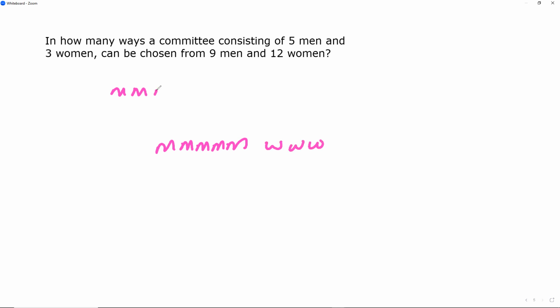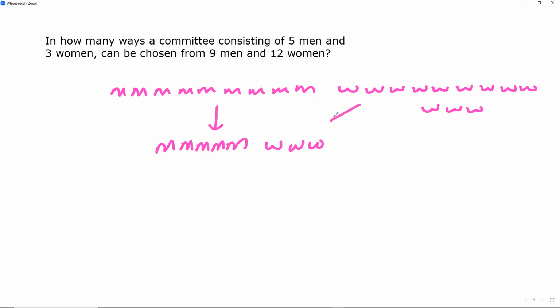And there's 9 men to choose from, and there's 12 women. We want to choose that from the men, and we would choose that from the women.